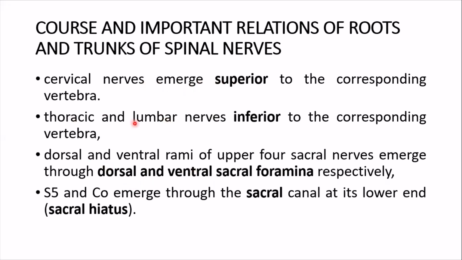So again, cervical nerves emerge superior to the corresponding vertebra, thoracic and lumbar nerves inferior to the corresponding vertebra, and the dorsal and ventral rami of upper four sacral nerves emerge through dorsal and ventral sacral foramina, respectively, and S5 and coccygeal nerve emerge through the sacral canal at its lower end, which is called the sacral hiatus.